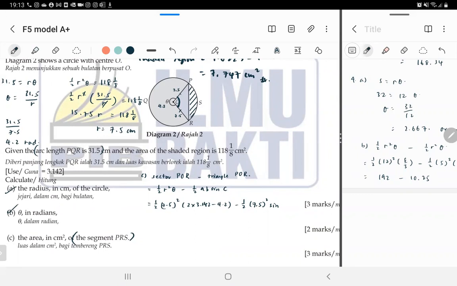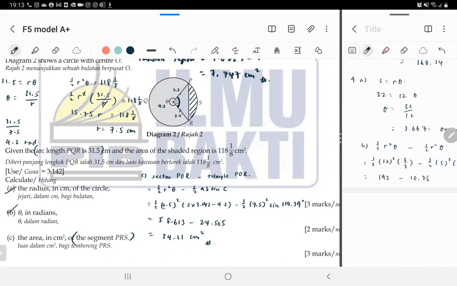Oh yeah, 180 over pi. 119.39, right? The angle. Okay, so you got 34.11. I split here: 58.613 minus 24.505. So 34.11 cm squared.